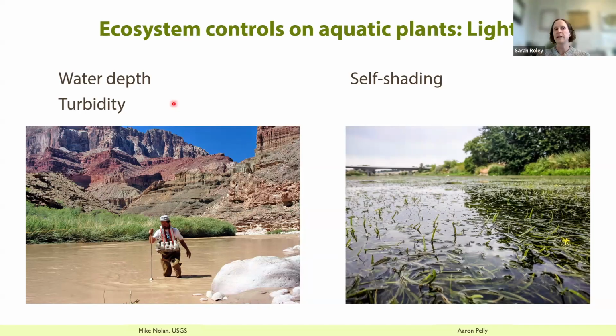Think of a deep lake or a deep river like the middle of the Columbia River. That light is going to get attenuated by the water, and you're not going to get much plant growth. You can also get something called self-shading. If you've got a bunch of plants growing up to the surface, they can create a canopy, and that can keep light from getting down below, so you won't have plants growing below.